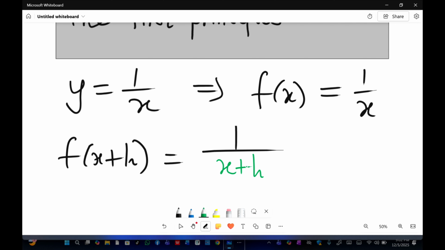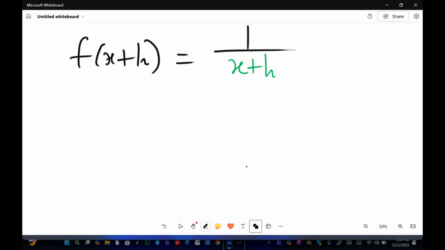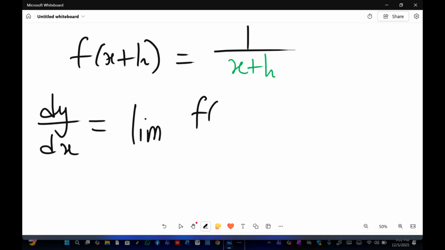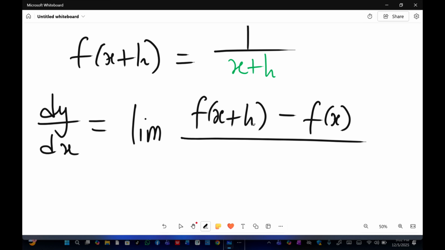Alright, so we can now state our formula from the first principle, the formula that you'll be using. dy/dx must be equal to the limit of f of x plus h minus f of x, all divided by h, which is the small increment in the x value, as h approaches 0.